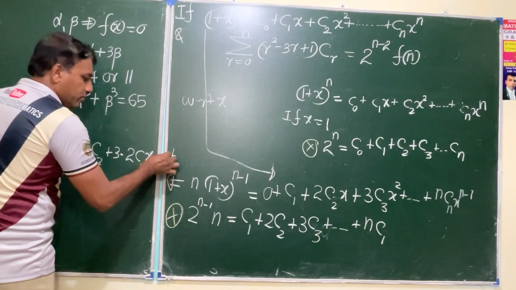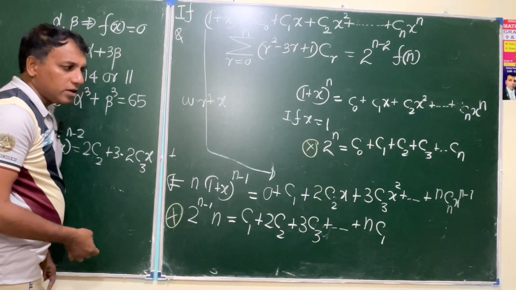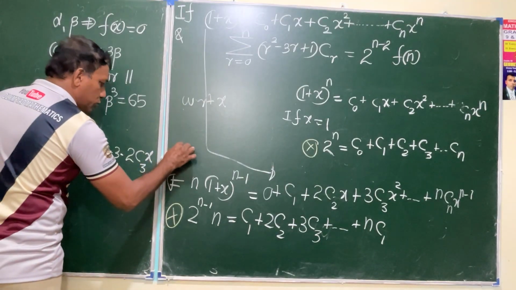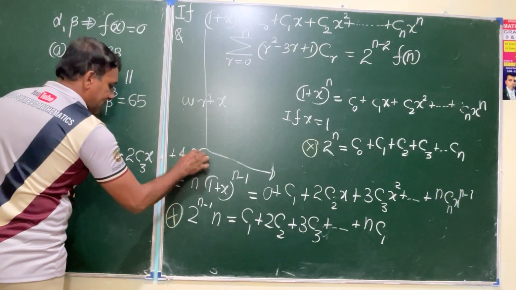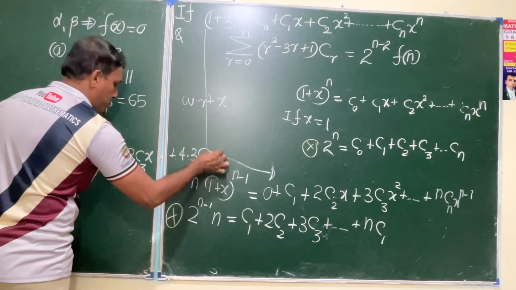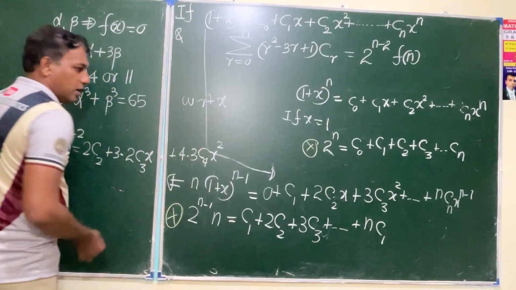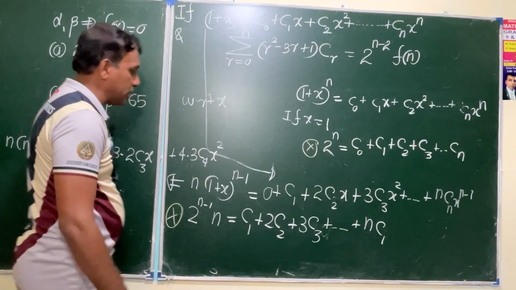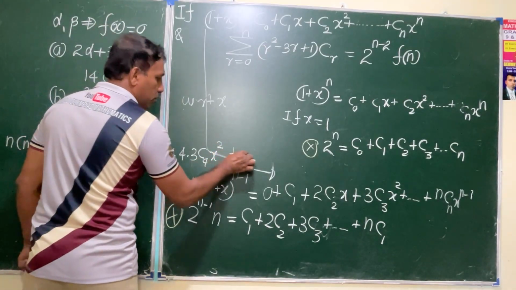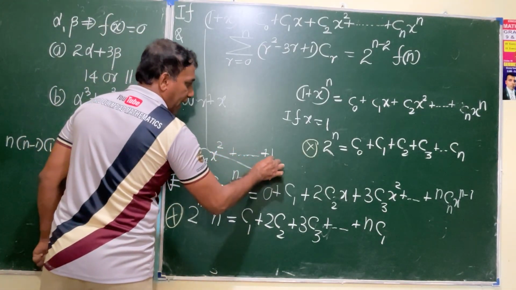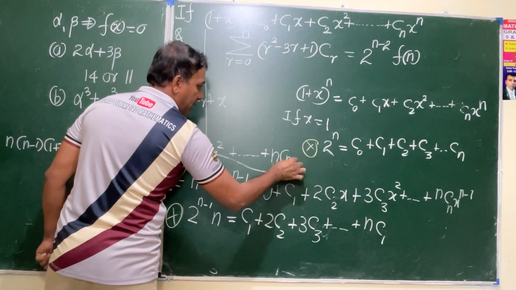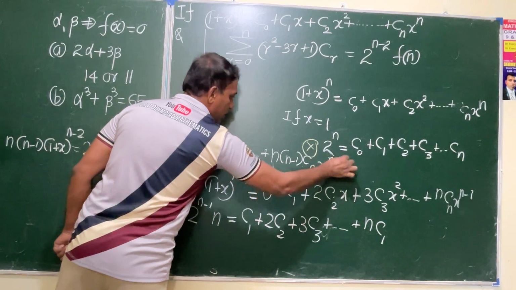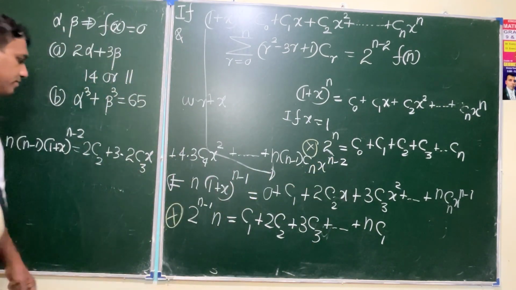The next one is 4 into 3 into c4 x squared, and the x cube differentiation gives x squared, and so on. The last is n into n minus 1 cn x to the power n minus 2. Long work, keep it properly.